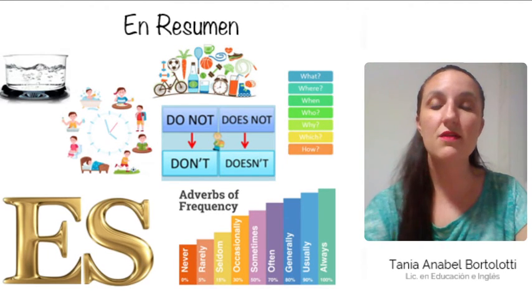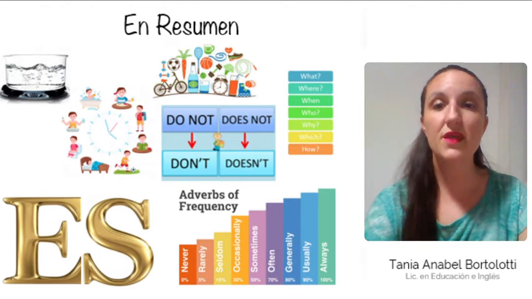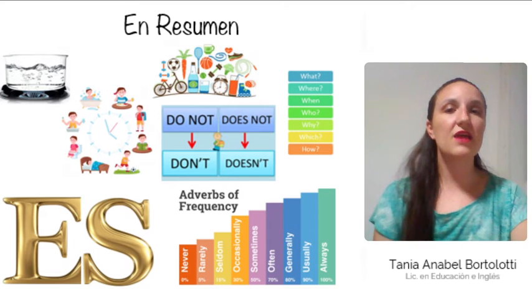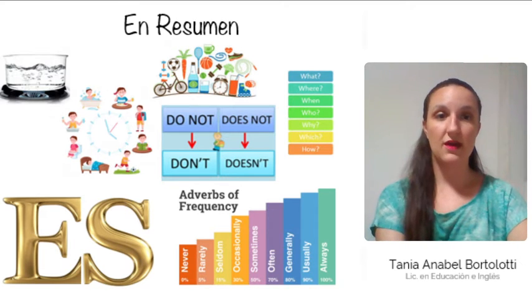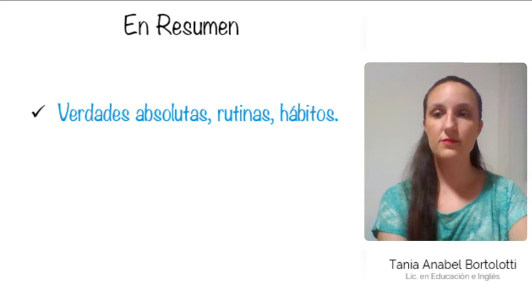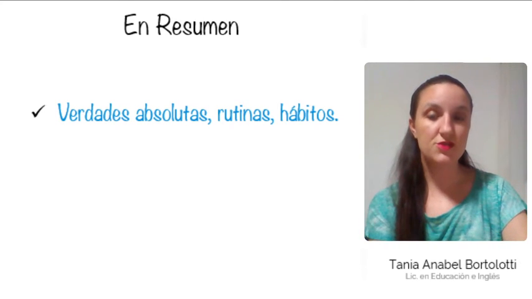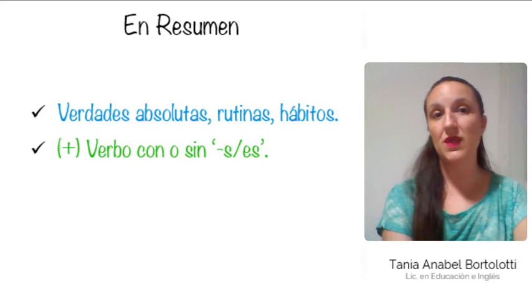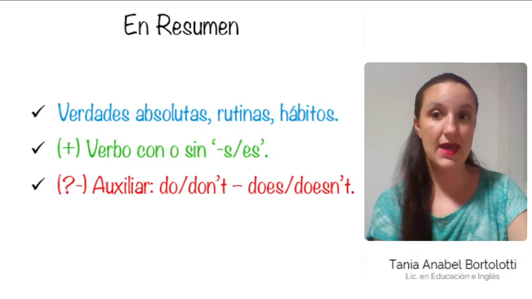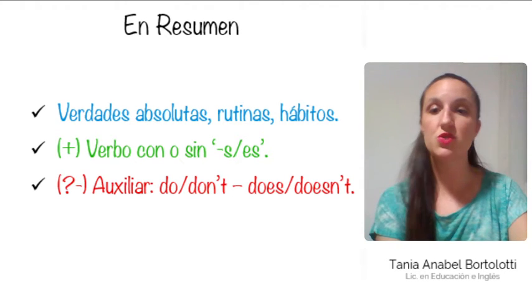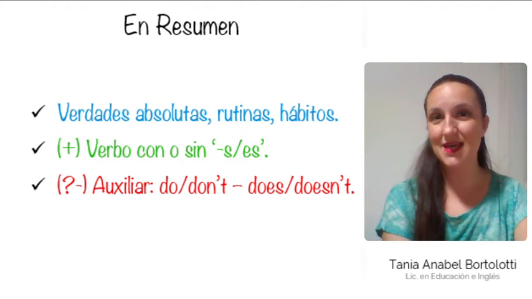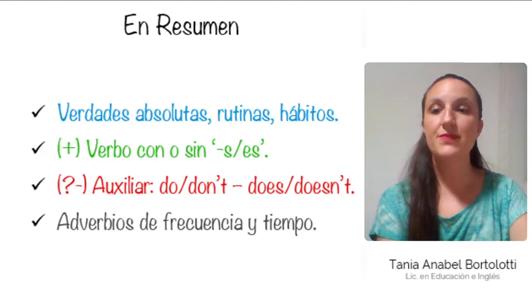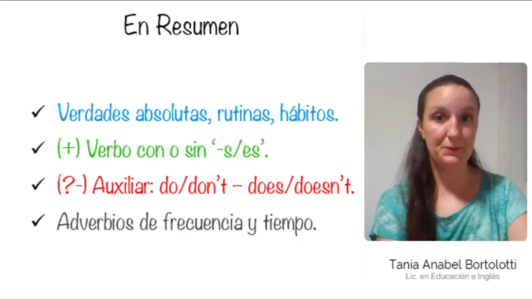We have the auxiliary do and does, the question words to ask for information, and the adverbs of frequency or other adverbs of time. Once again: general truth, routines and habits, the verb with or without the S or ES, the auxiliary do, don't, does, doesn't, to make questions and negative sentences, and the adverbs of frequency and time.